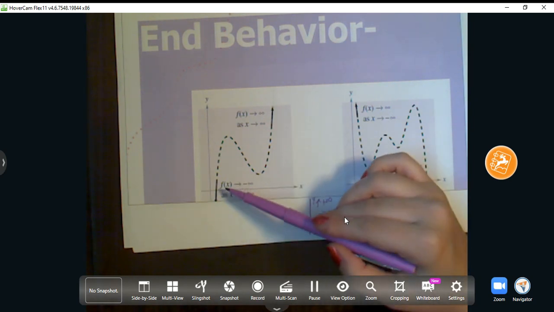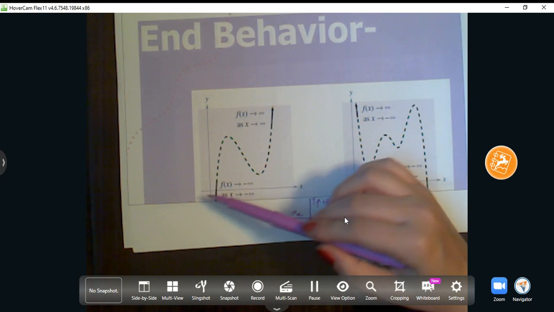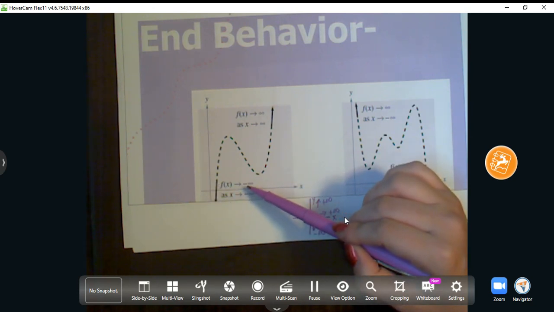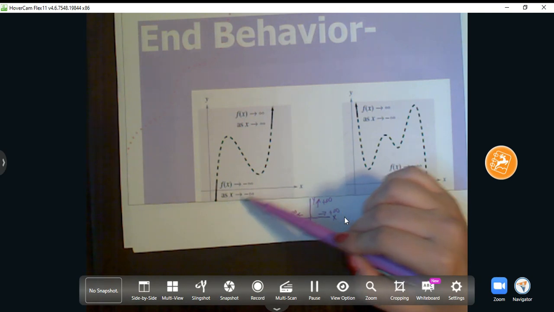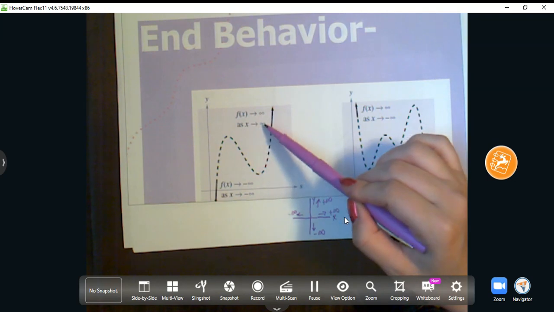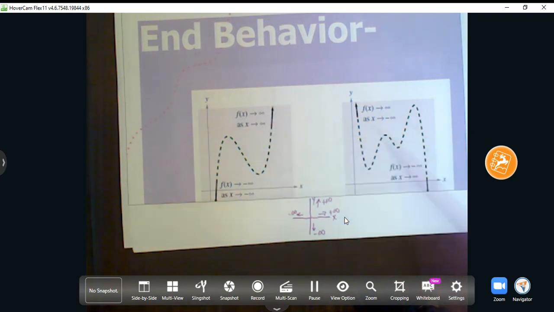So in this case, because we're on the left side of our graph and we're pointing down, we're going to say f of x is going towards negative infinity as x is going towards negative infinity. When we're on the right side of our graph, x is going towards positive infinity, and we're pointing up. So f of x is going towards positive infinity as well.